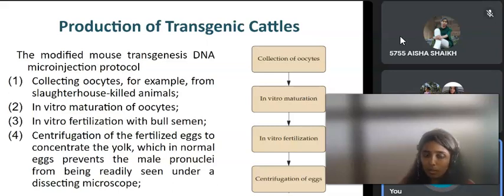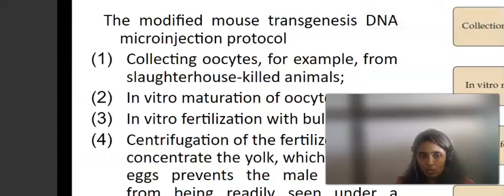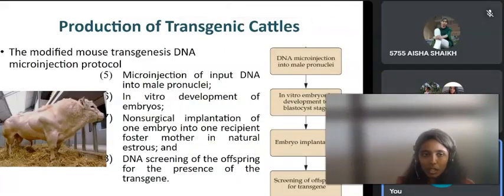You should always remember why we are centrifuging, because so far we have seen so many methods, we did not centrifuge any egg. Here we are doing it because this is not a normal egg, this is the egg of a cow. The next is microinjecting. First you will take the DNA.